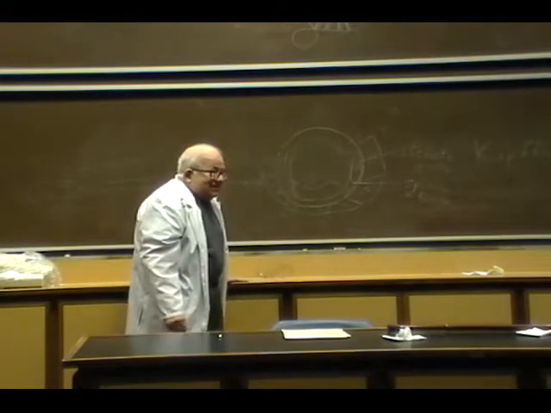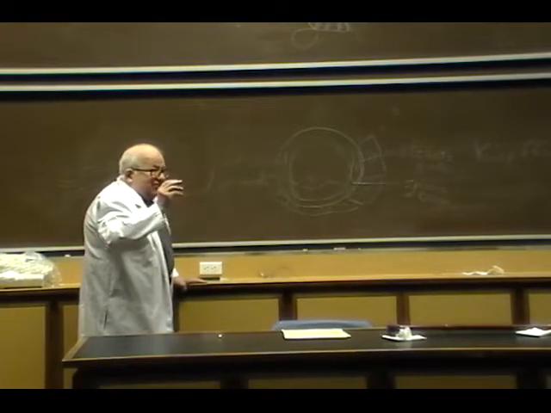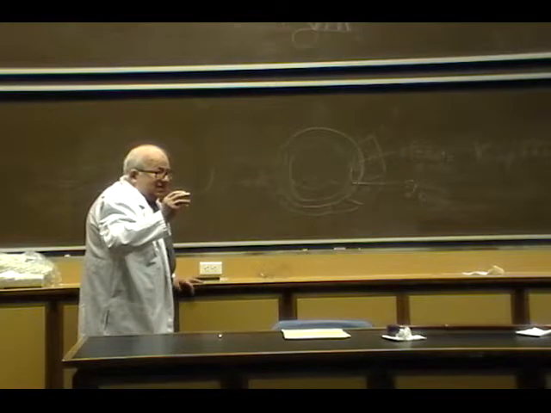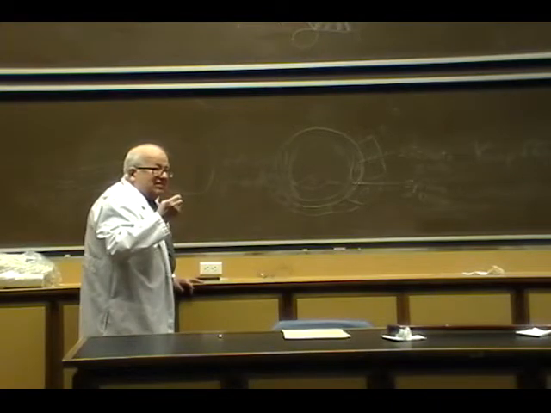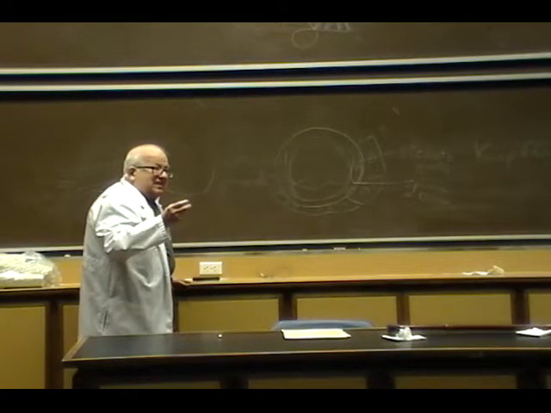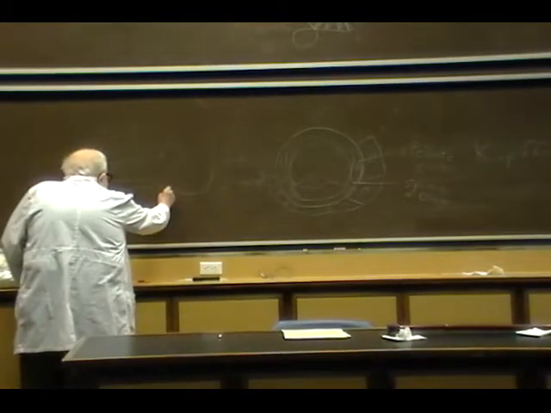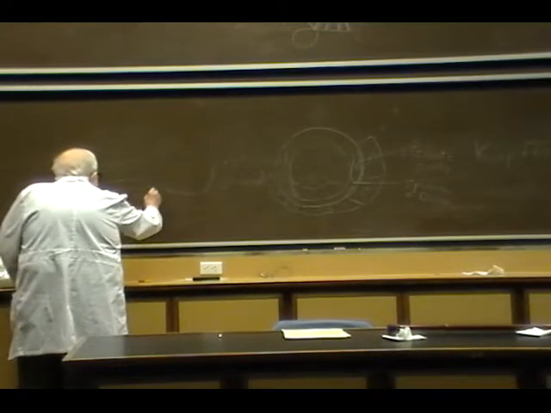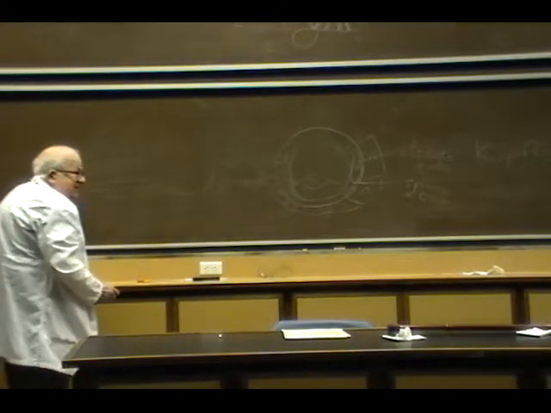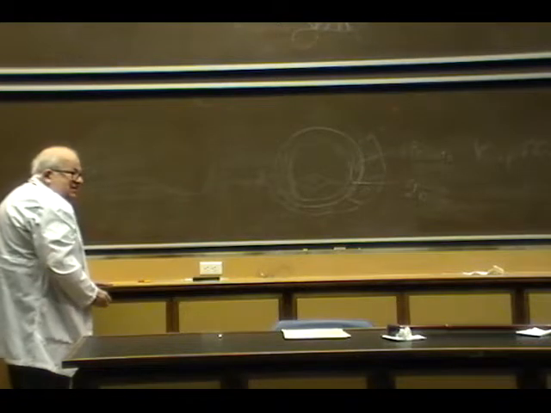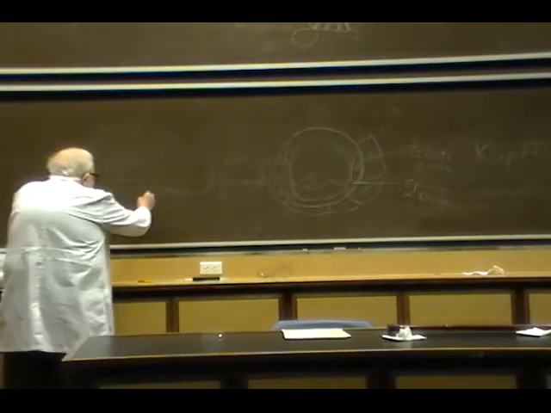Now, it turns out that in addition to blood flowing from the periphery of the lobule towards the central vein, there is a countercurrent stream of fluid going in the opposite direction. How can I indicate that? In between the adjacent hepatic cells, there's another system of channels.